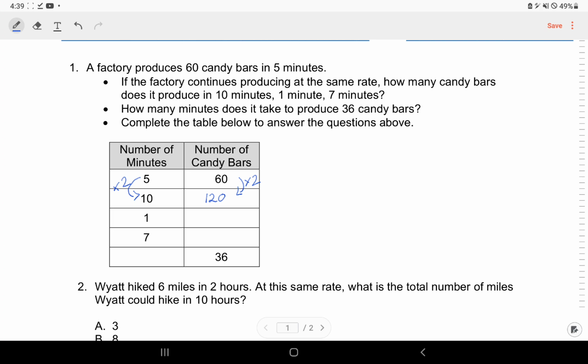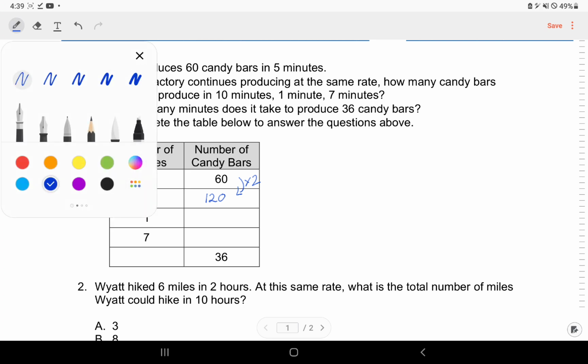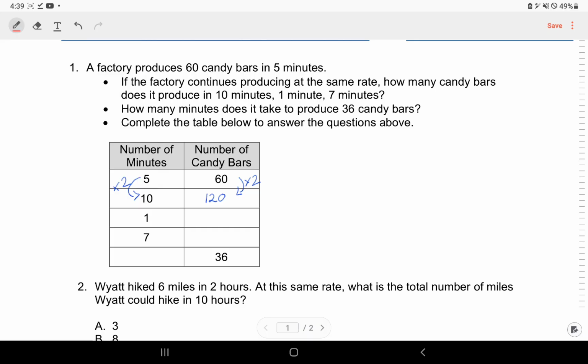Then we can either go from the 5 or the 10 and say, what do we do to get to 1? Personally, I'm going to go from the 10 to the 1, and that's divide by 10.